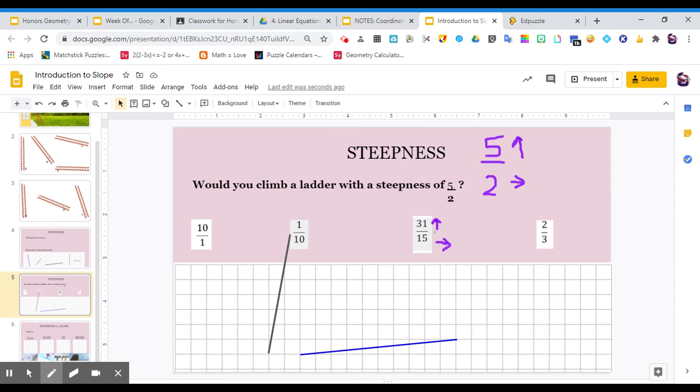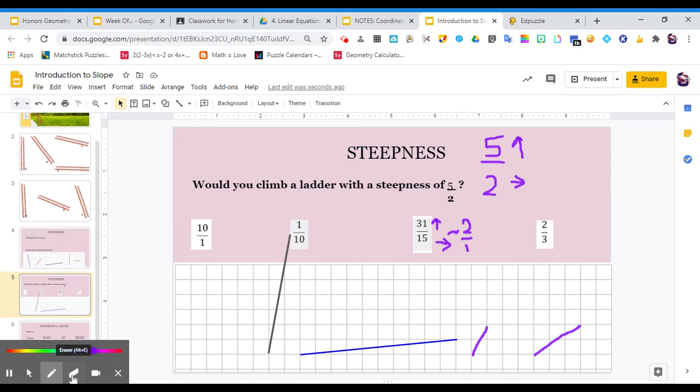And if you simplified 30 over 15, you would get about 2 over 1. So the idea of up 2 over 1, this kind of slope or steepness is not terrible. Even though these numbers are big, that doesn't mean it's steeper. The key is the difference between the top and the bottom, the rise and the run. And 2 over 3, not very steep at all. Up 2 over 3.